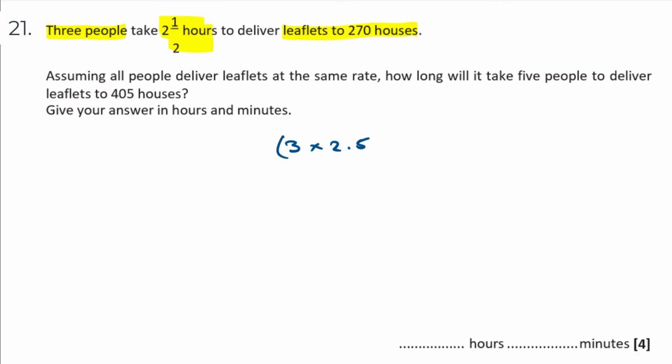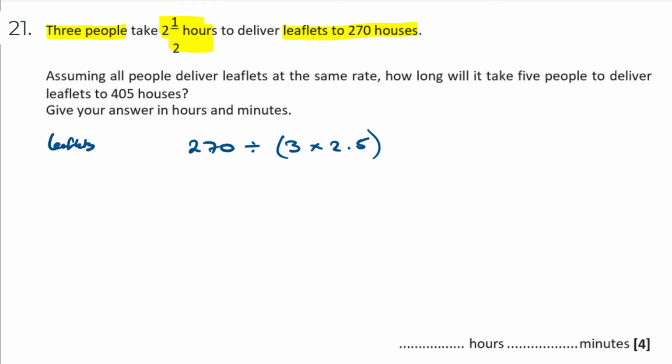So that's like 7.5 hours, isn't it? So it takes 7.5 hours to deliver 270 houses. So how many can they do in an hour then? So if I take 270 and divide it by that 7.5, that's going to tell me leaflets per hour that one person can deliver.